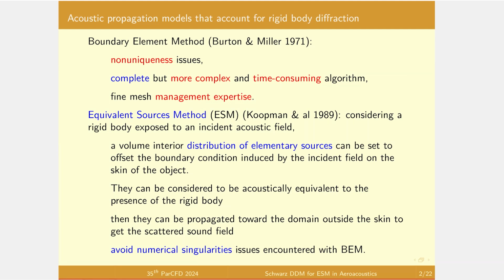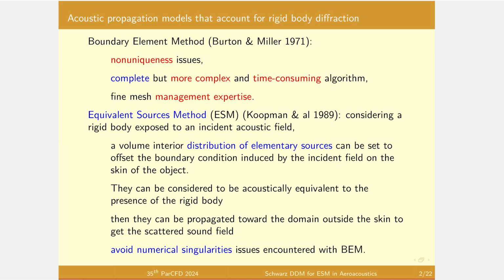On the other side, we have the equivalent source method developed by Kuhlmann, which is based on the superposition principle of a fundamental solution of the Helmholtz problem. Here we put some elementary sources inside the body, and we tune these sources to satisfy the boundary condition given by the incident field.